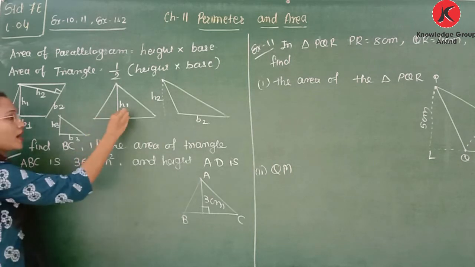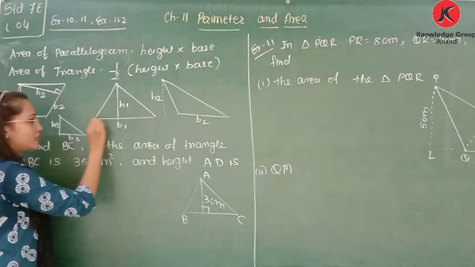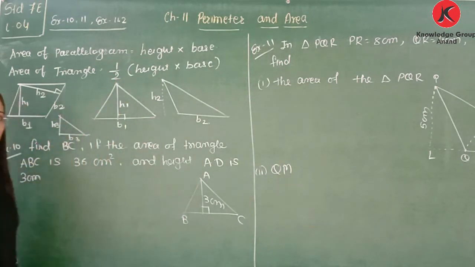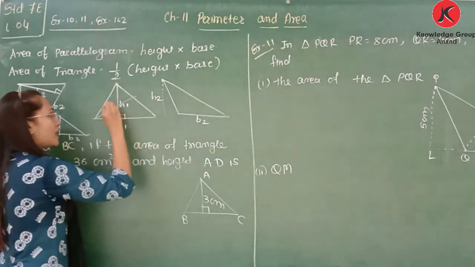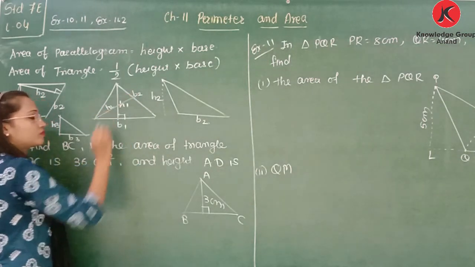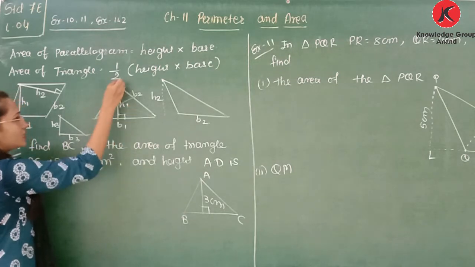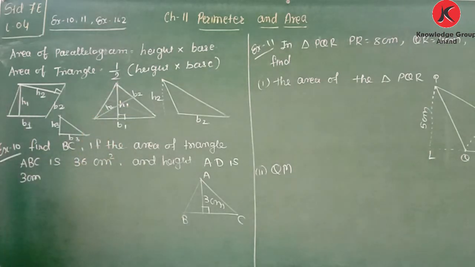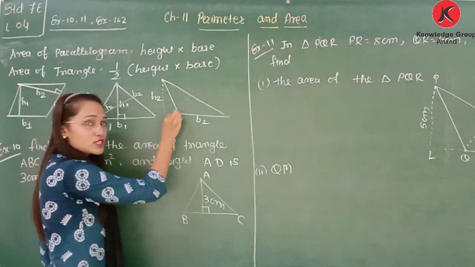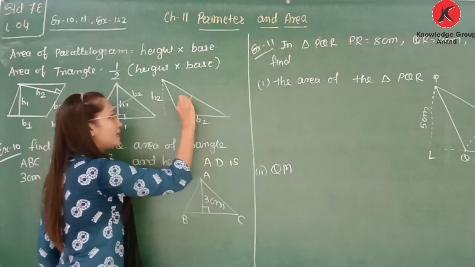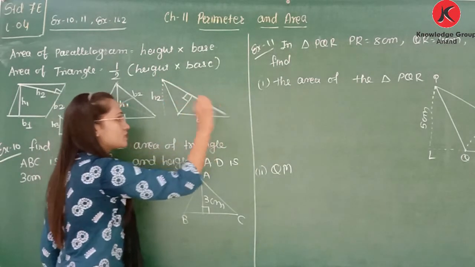Means if you consider acute angle, then this will be your height and this is your base, that is making a right angle. You can consider this height and this as a base. You can consider this height and this one as a base. Clear? It is also possible that this line making a right angle, so this will be your base.